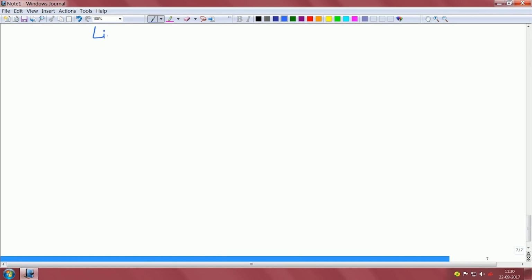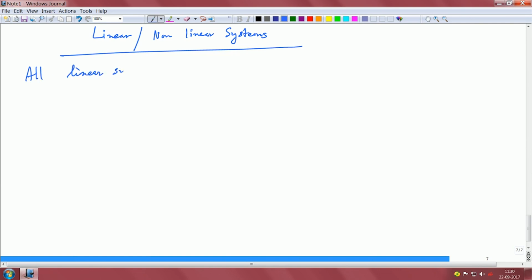So, there is this notion of linear versus non-linear systems, and this is something really important in signal processing. All linear systems abide by something called the superposition principle.